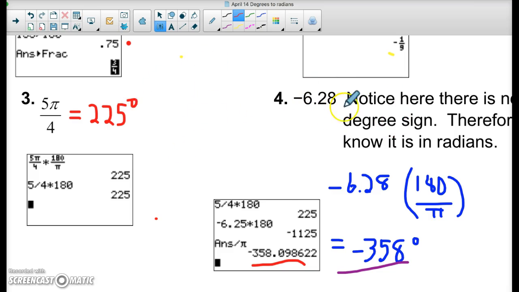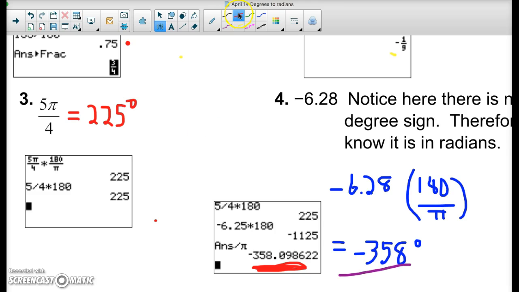Okay. Over here, notice when I change this to degrees, it comes out to -358, but I want you to notice that it's really close to 360. And 2 pi is really close to 6.28.